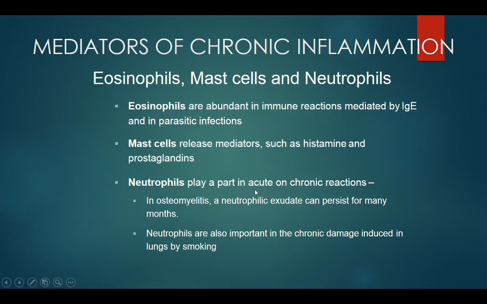And neutrophils play a part in acute and chronic inflammation. As I told you, in acute inflammation neutrophils are the main cells responsible, and in chronic inflammation lymphocytes are, but neutrophils also play a minor role. In osteomyelitis, neutrophilic exudate can persist for many months, and neutrophils are also important in the chronic damage induced in the lungs by smoking.